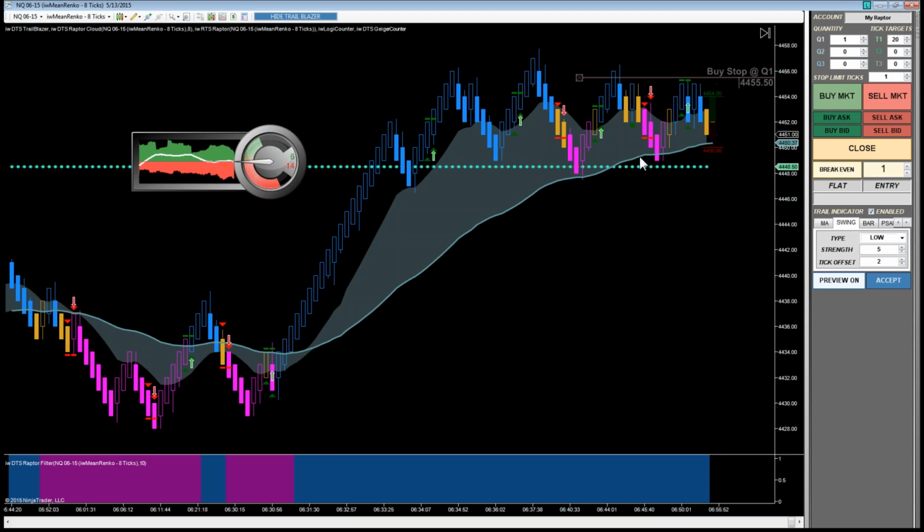Also, when the market is approaching important support or resistance areas, as it is right now, as we get back into the hard edge here on the Raptor, whether the market's going to have a bias one way or the other. If we're going to see the needle dip here and become a little bit more bearish. This is also an add-on. You can put that on any chart, not just DTS system.